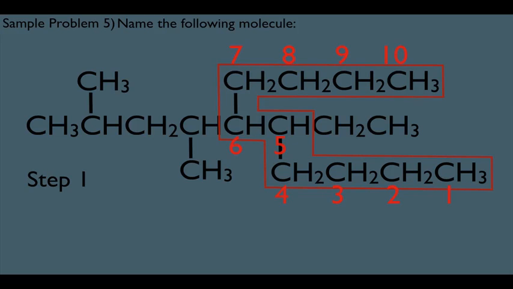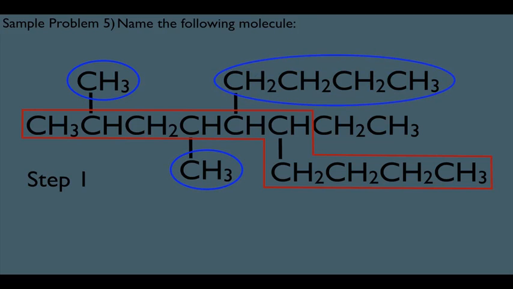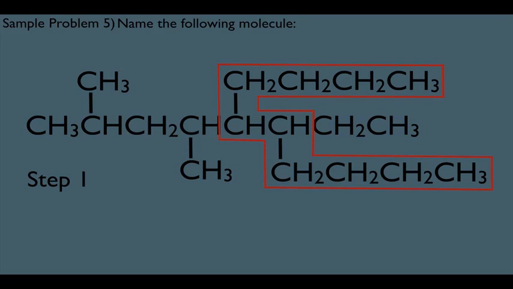For instance, let me show you what I mean by that. Remember, if we pick this as our longest chain, then this would be a substituent here. We'd have this substituent, we'd have this as a substituent, and one right here as well. But if we consider this the longest chain in the molecule right here, then we have this substituent right here and this substituent over here.